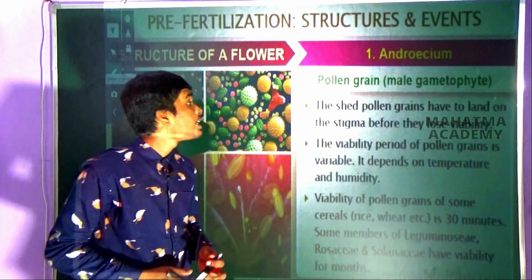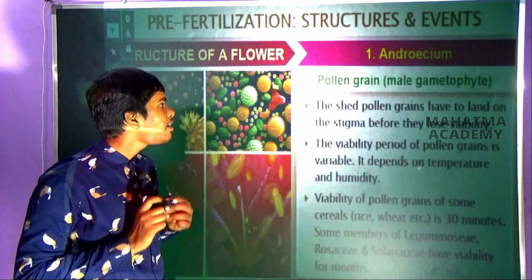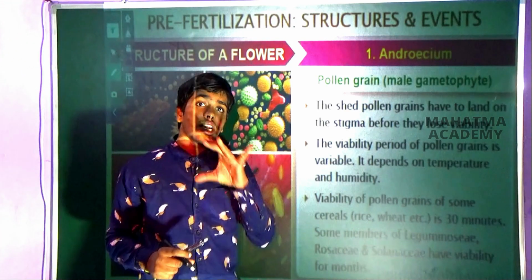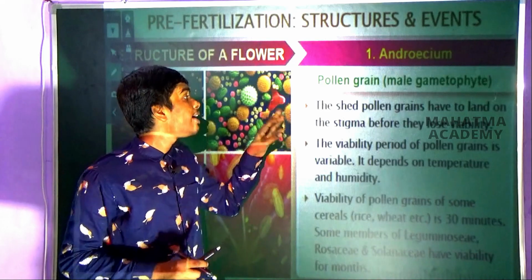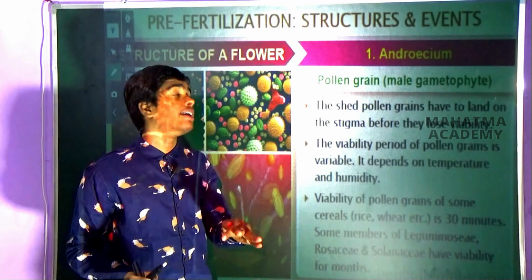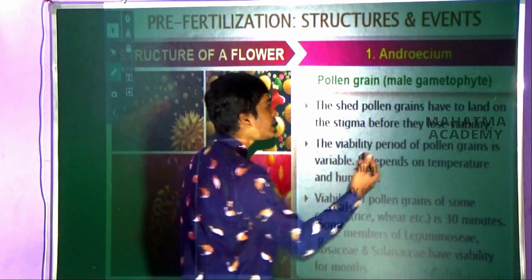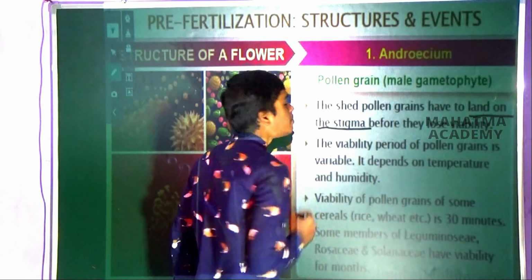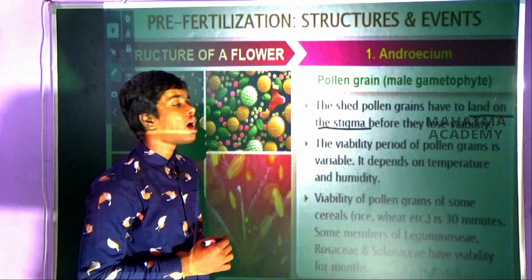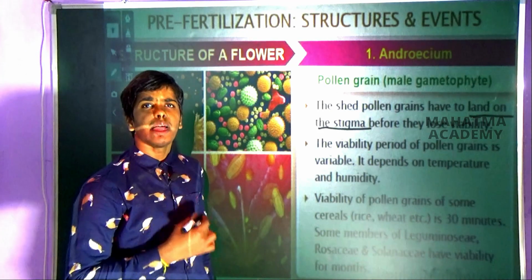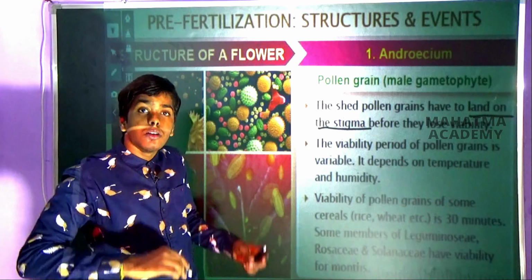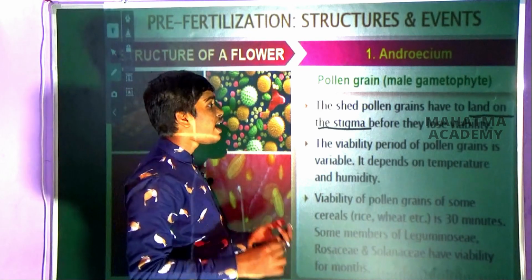Now the shed pollen grains have to land on the stigma before they lose viability. That means they have a certain life period. They have to land on the stigma because they lose their viability.